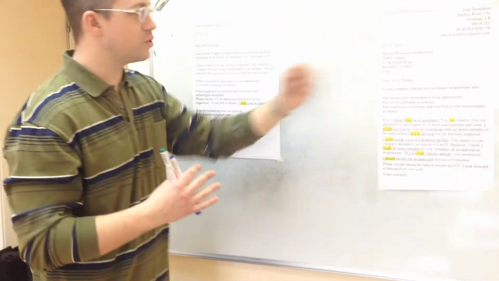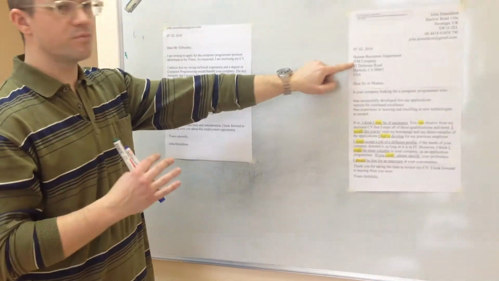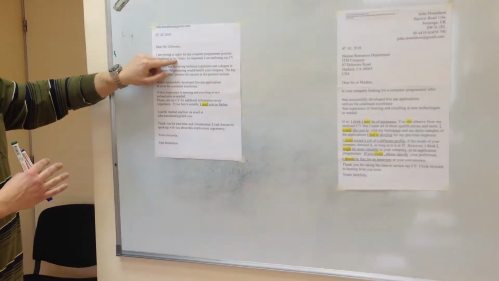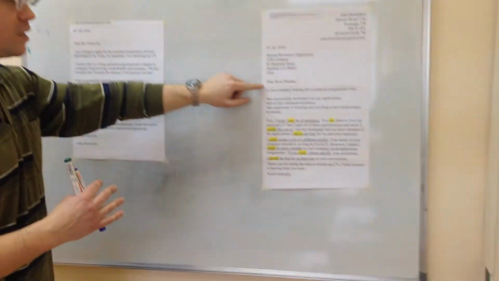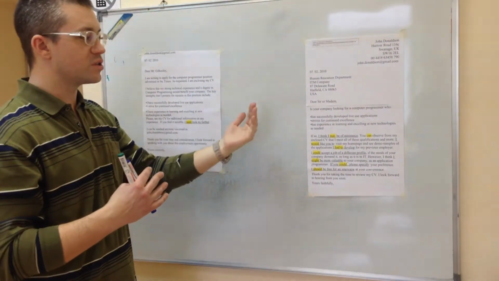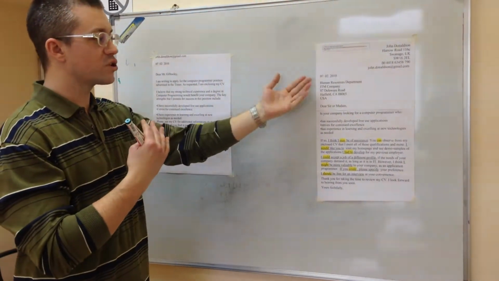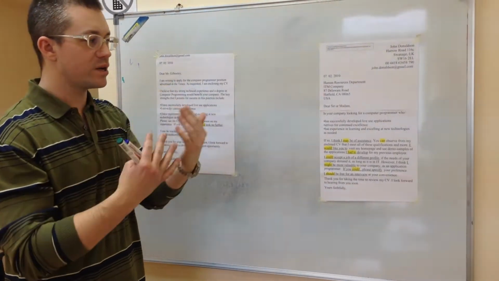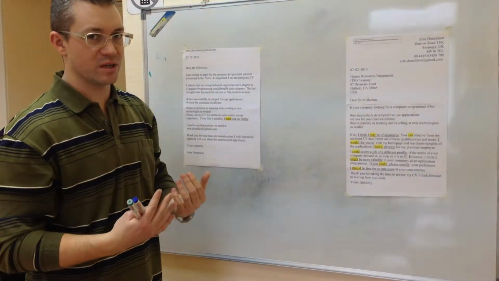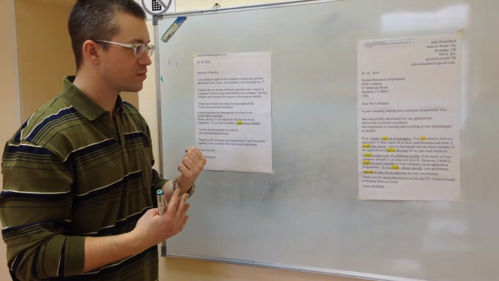What is this person doing? This company didn't advertise in the Times. This company didn't advertise anywhere. This person wants to work for this company and he doesn't wait for an advert. He wants to present himself as soon as possible.